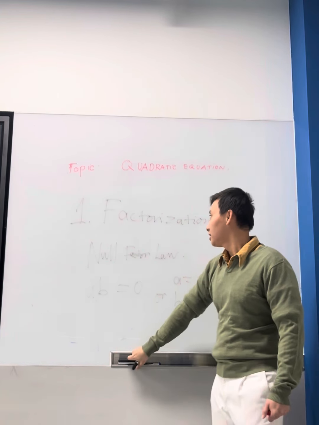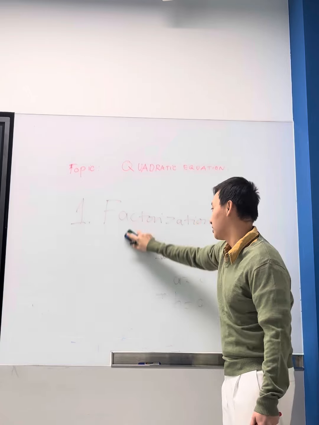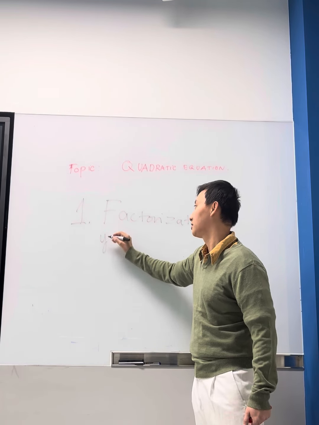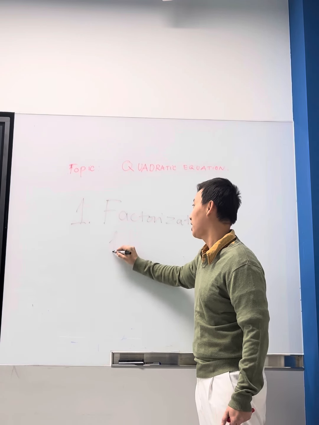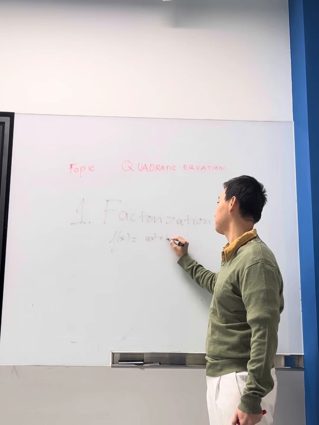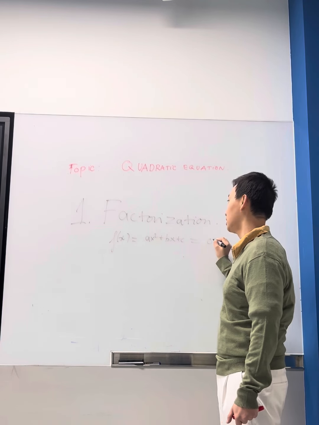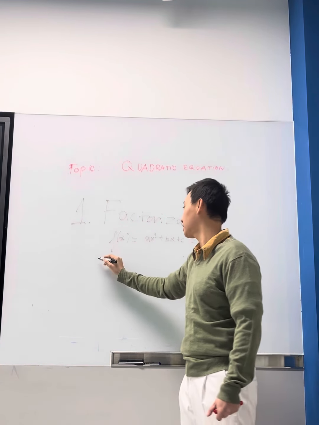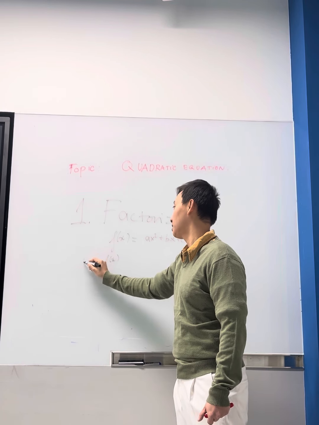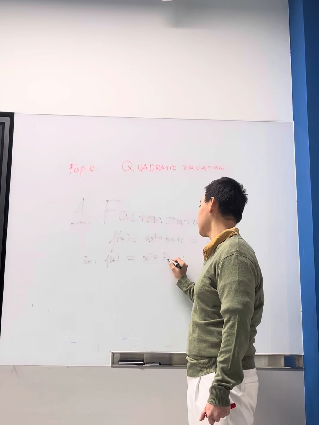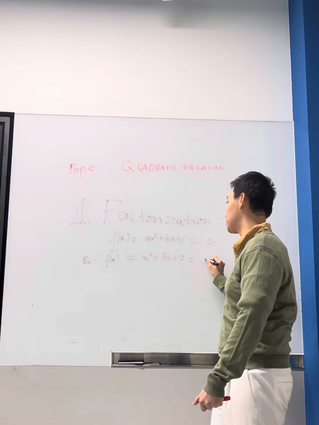Alright, so now the first thing you're going to learn: you need to solve the equation f(x) equals ax squared plus bx plus c equals 0. For example, f(x) equals x squared plus 3x plus 2 equal to 0.